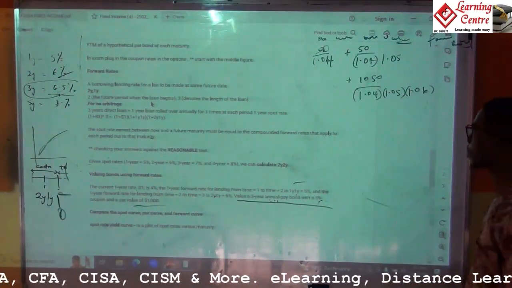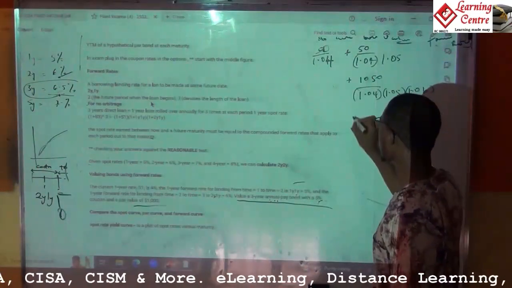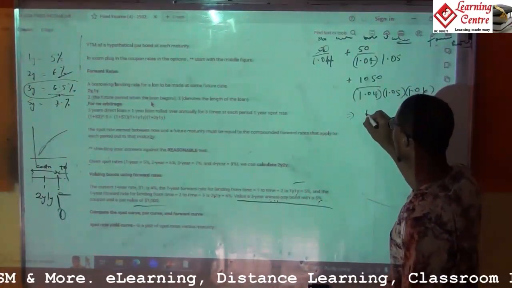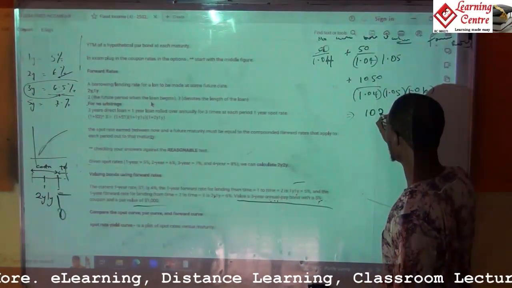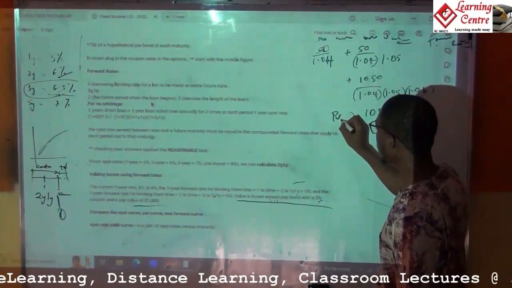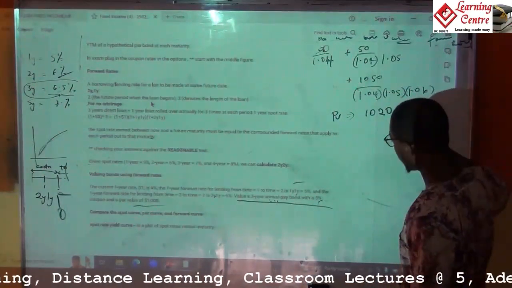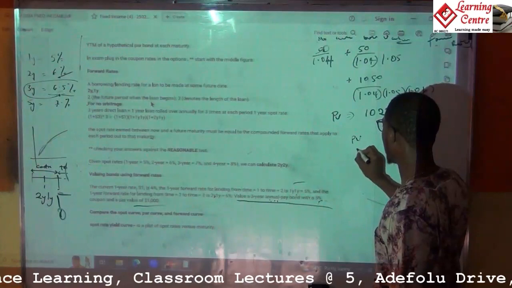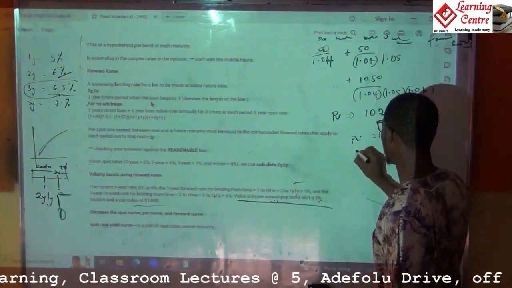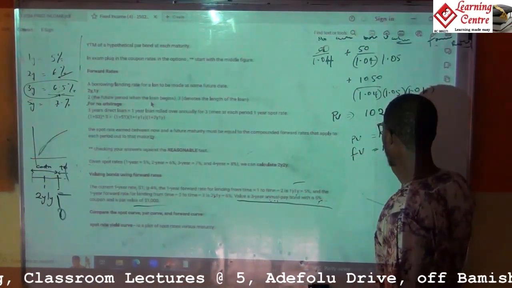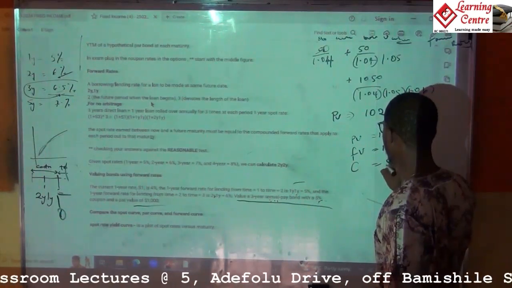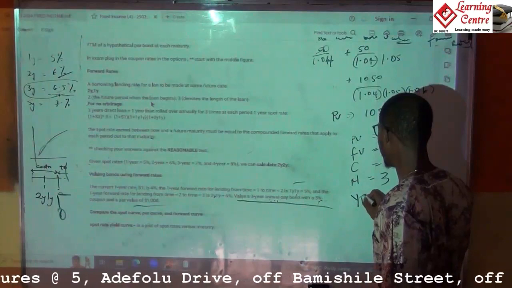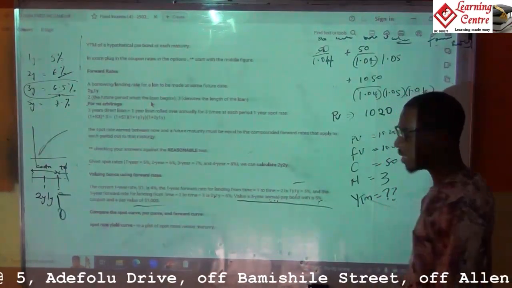So what do we get? Whatever price we get, let's just imagine we get 1,020 as the present value of the bond. You can then go to your calculator, put this as PV 1,020, put the FV as 1,000, put the coupon as 50, put the N as 3, then compute the YTM.